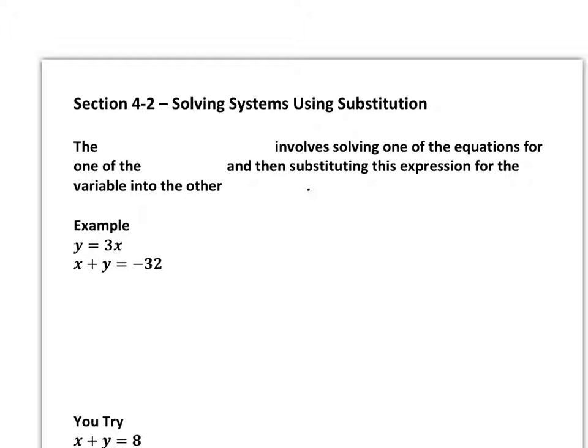So today we're going to look at a way that we can find a solution, or an ordered pair, an x, y, that makes both equations true by a method called substitution.